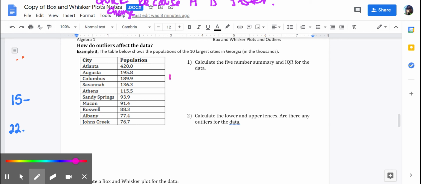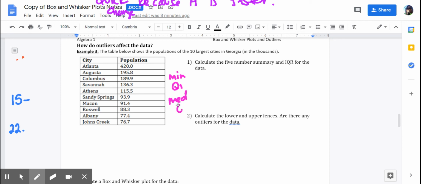So my 5-number summary will be the minimum, Q1, the median, Q3, and maximum, and it also asked me to find the IQR. So as I do this, I can see that my minimum in this data set is 76.7. My Q1 is 88.3.